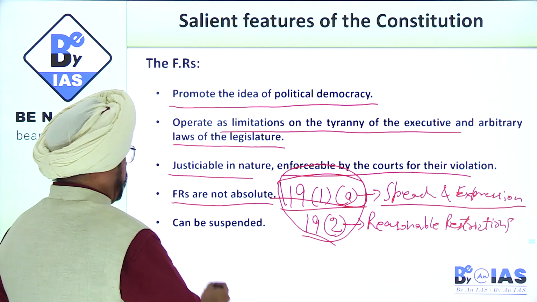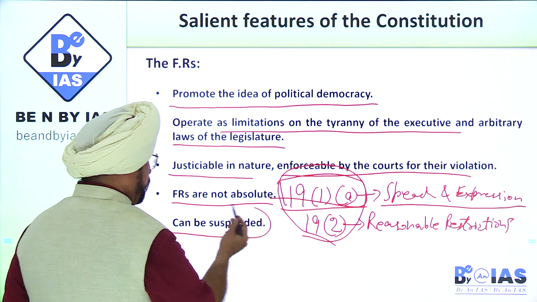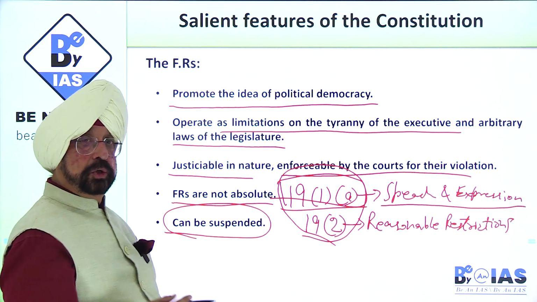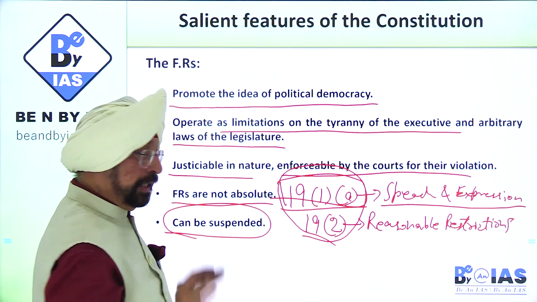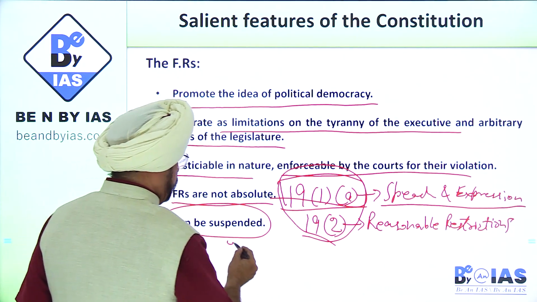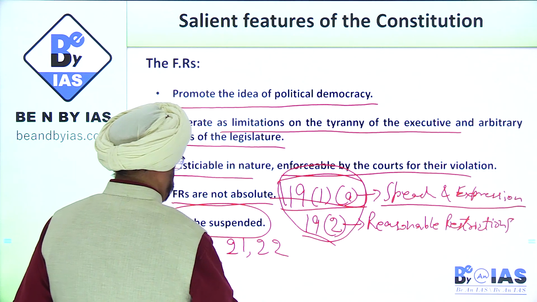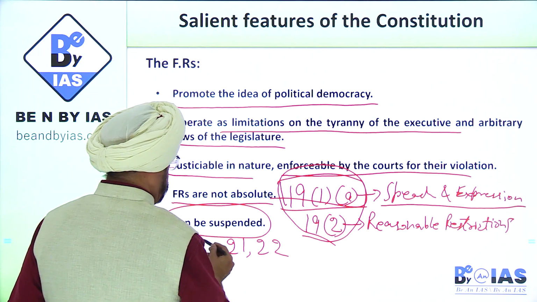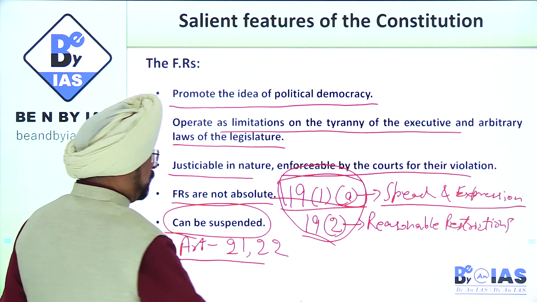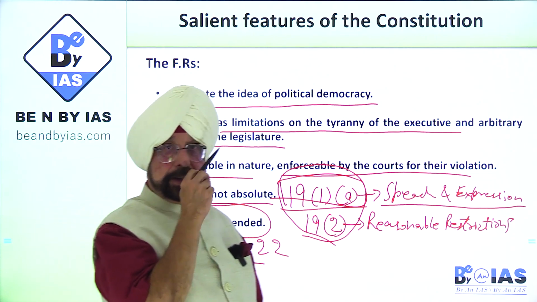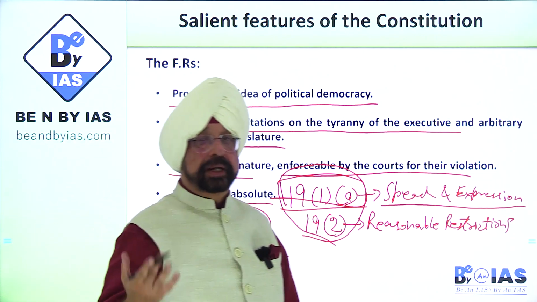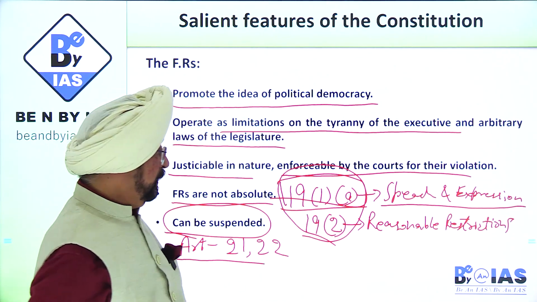And they can be suspended during a state of emergency, except Articles 21 and 22. Except these two articles, other fundamental rights can be suspended during the state of emergency.